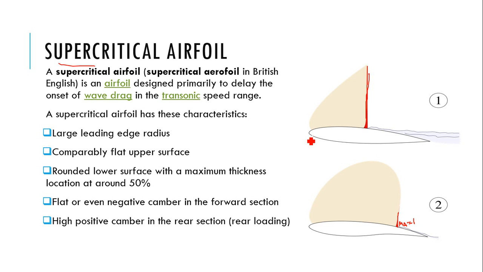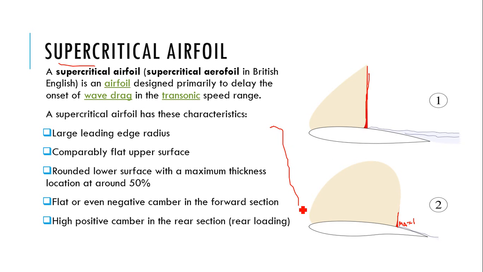Okay, so normally a supercritical airfoil has certain characteristics. It may have a large leading edge radius, a flat upper surface, a rounded lower surface with the maximum thickness location at almost 50%, and a cusped trailing edge. It has flat or even negative camber in the forward section, and high positive camber in the rear section.